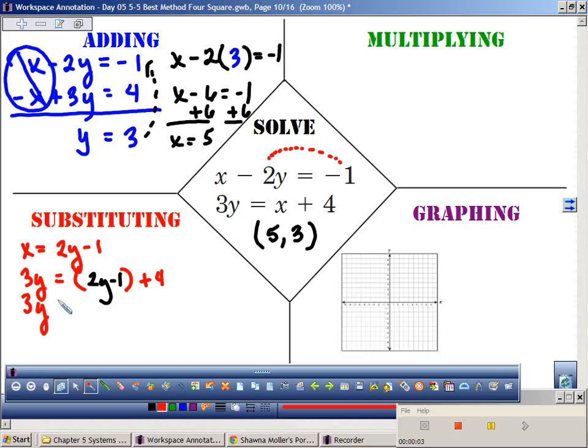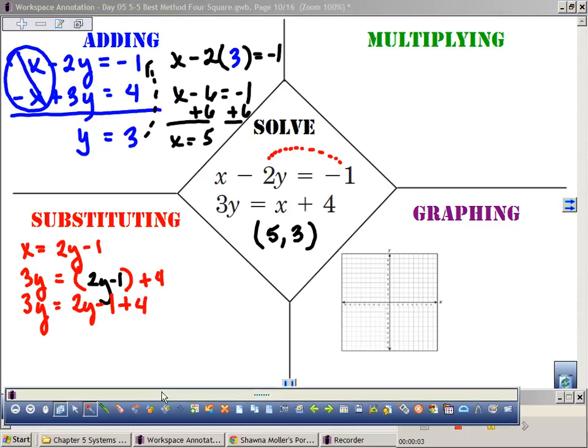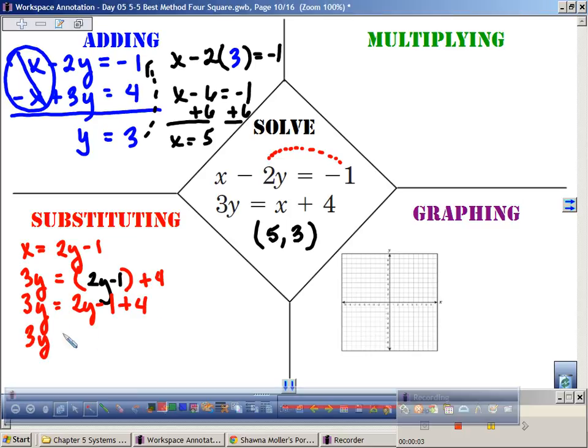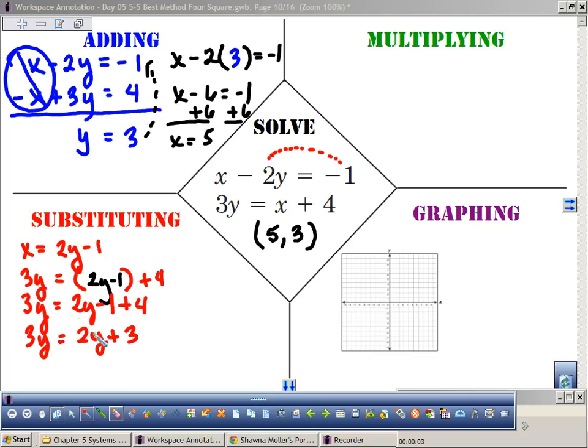So I get 3y equals 2y minus 1 plus 4. Simplify it further, and I get 2y plus 3. Subtract 2y from both sides.